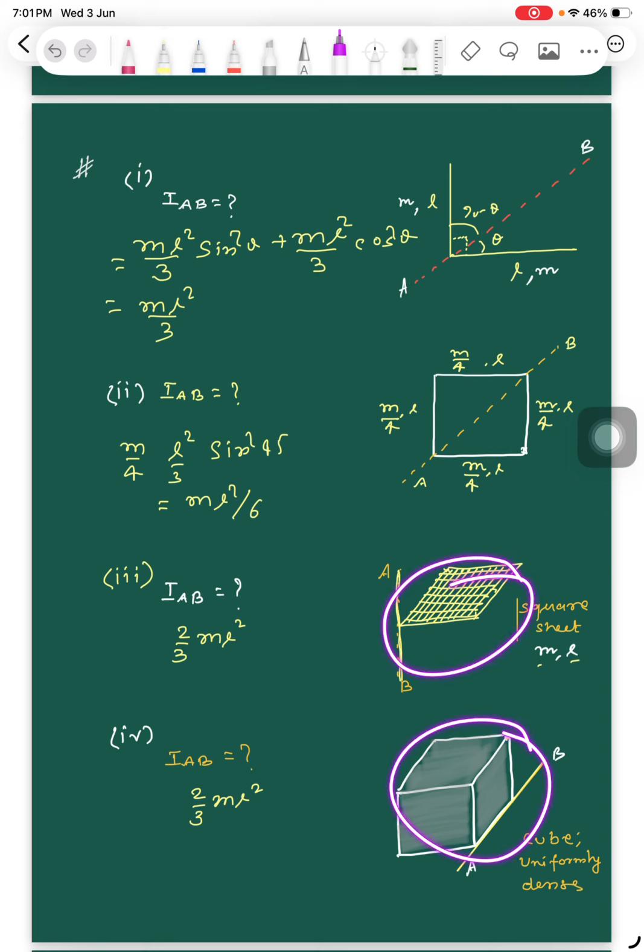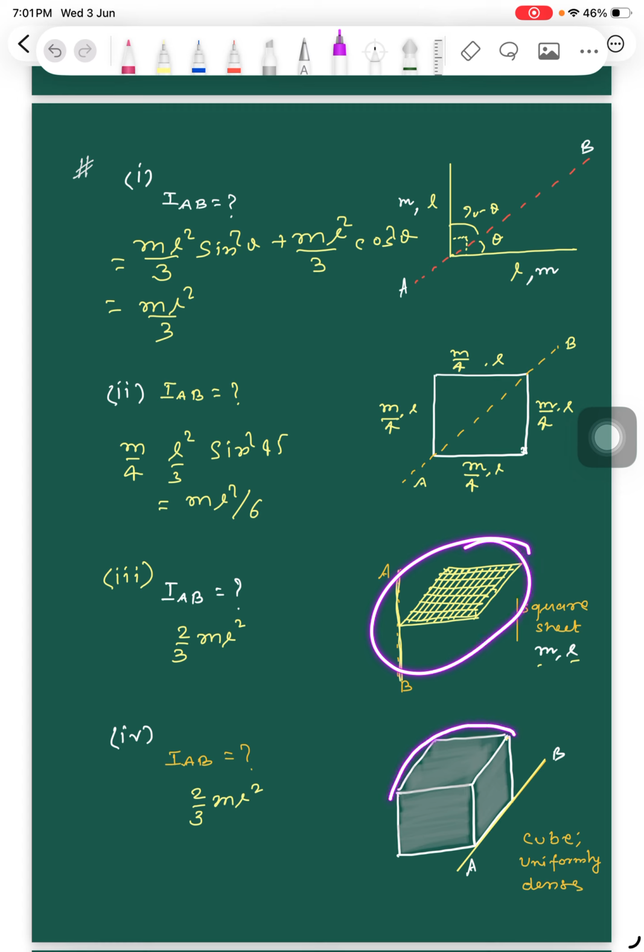They are identical. If you can realize this one, this will automatically be obtained. This side is perpendicular to the sheet. What we can do is apply the perpendicular axis theorem first, and find the moment of inertia about these two axes which are in the plane of the sheet.